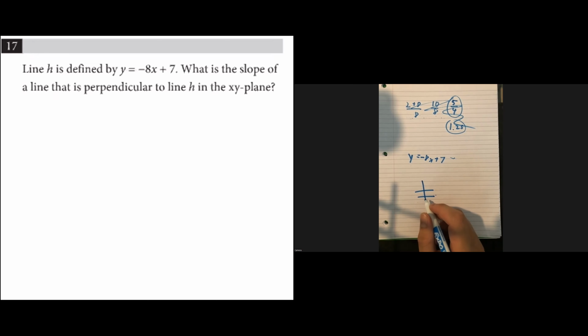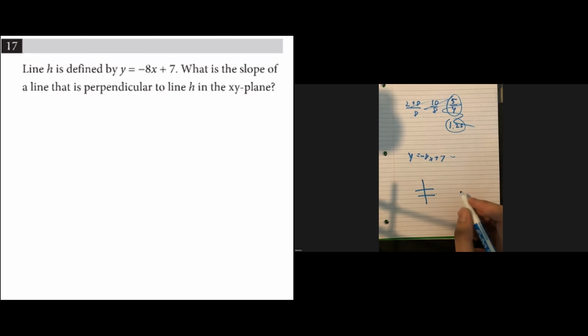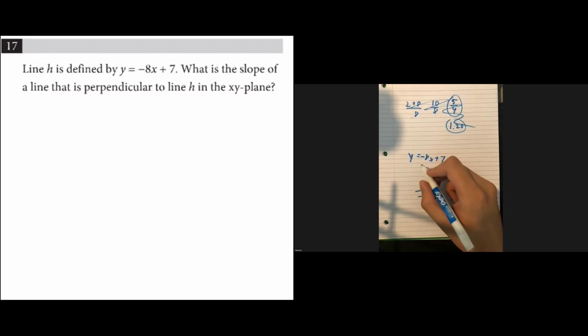And so this one specifically asks for the slope. If this one's is negative 8, then the one for the perpendicular would be like this, or 1/8. It's just the inverse of whatever the slope of this one is that the slope of the perpendicular line would be.